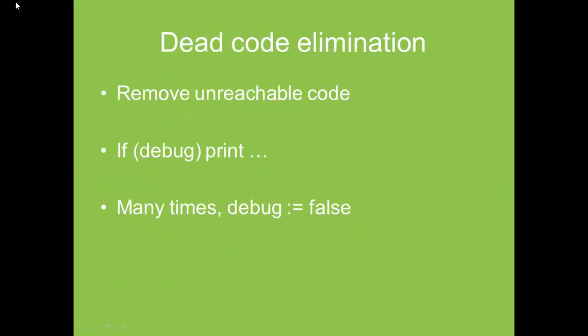Now, dead code elimination, I have already discussed regarding dead code elimination. Sometimes there are expressions or variables that we define at the starting of the program, but they are not used by the programmer.